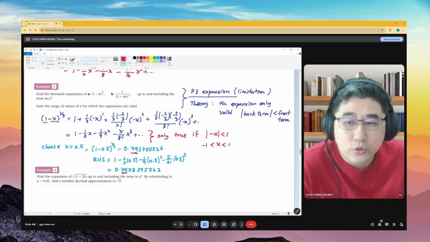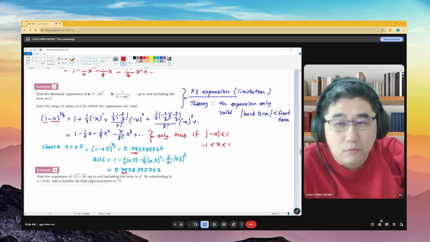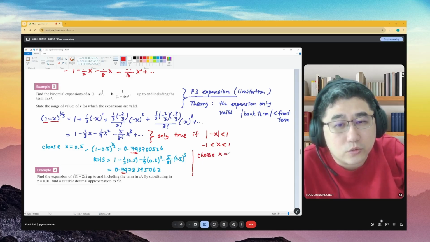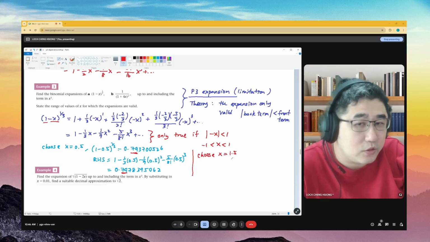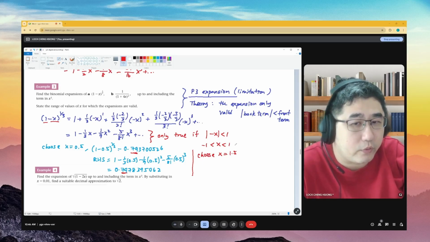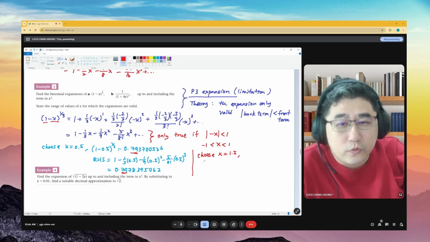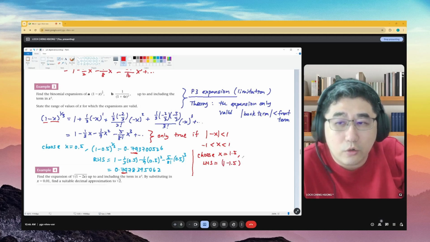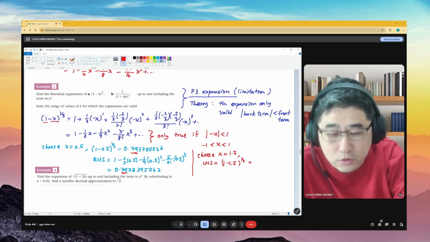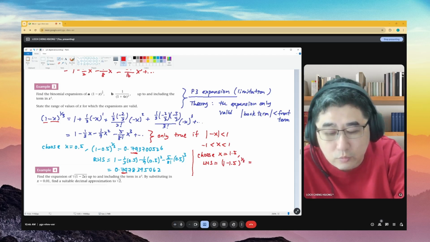What if I choose a number outside of the interval? Let's say now I choose x equals 1.5. Obviously this 1.5 is outside of the interval of negative 1 and 1. From the left hand side, I have (1 minus 1.5) power of 1 over 3.